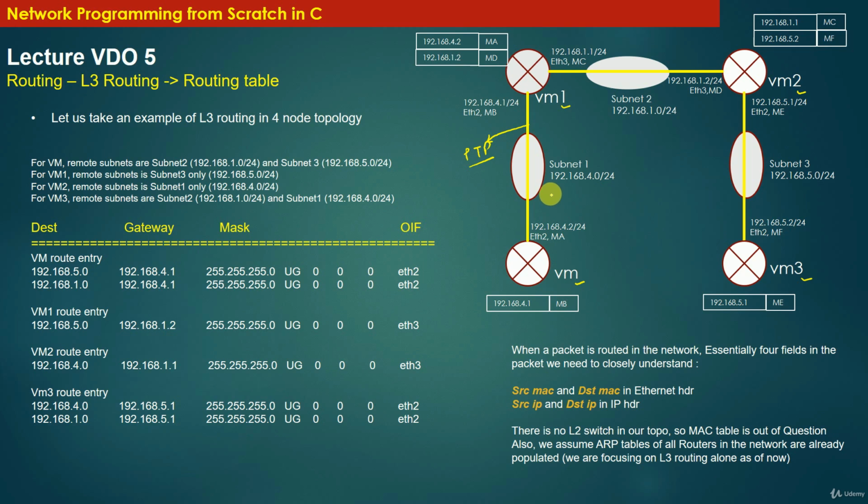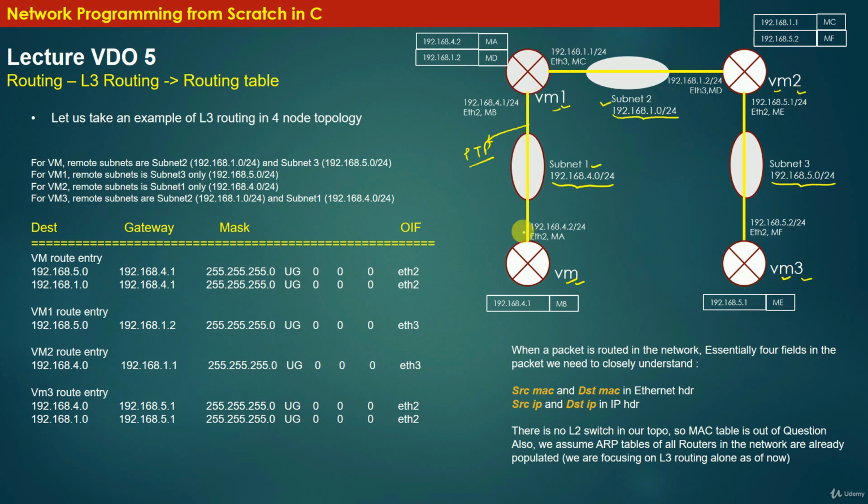The common subnet which is shared between the router VM and the router VM1 is subnet 1, which has the network ID 192.168.4.0/24. Similarly, subnet 2 is the common subnet which is shared by router VM1 and router VM2, and the network ID of this subnet is the following. Similarly, we have subnet 3, which is a common subnet between router VM2 and router VM3.